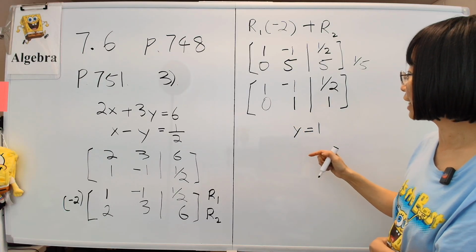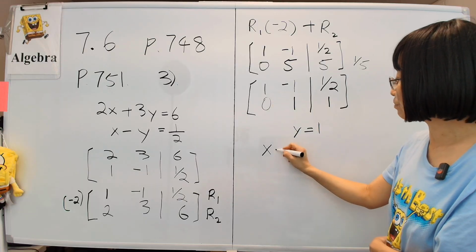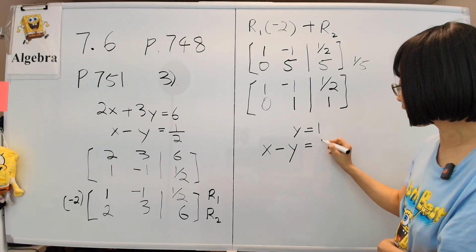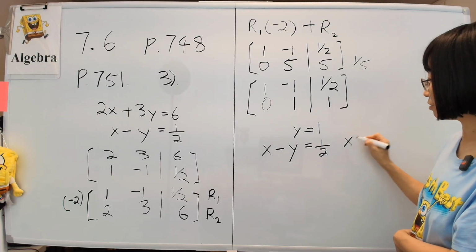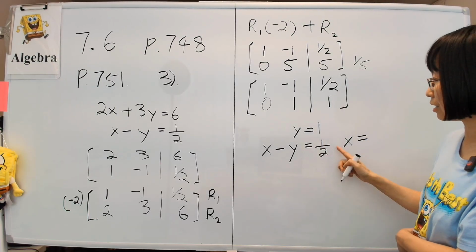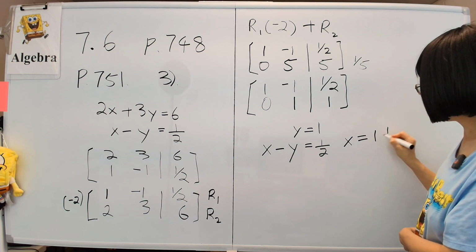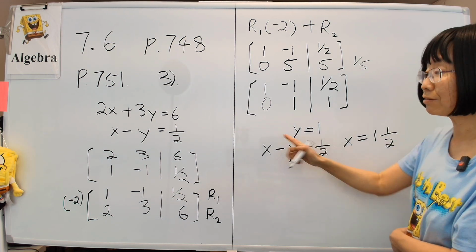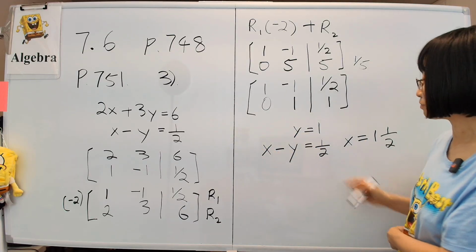From the first row, we have x minus y equals 1/2. And since y equals 1, that means x equals 1 plus a half, right? Yeah, it's 1.5. So that is the solution to this system of equations.